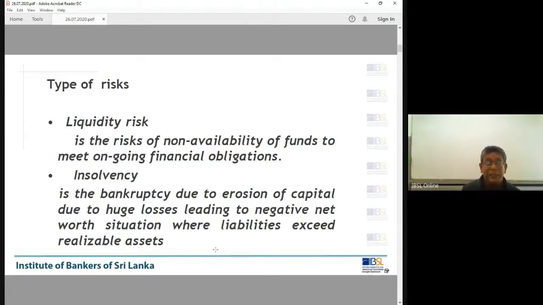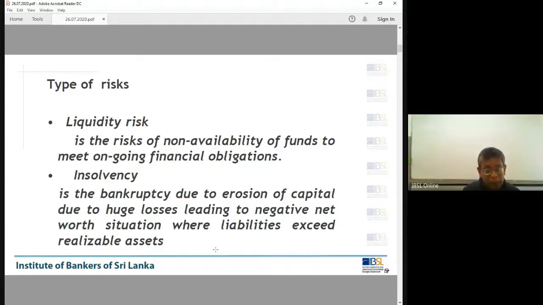That means your bank is facing a liquidity problem, right? So liquidity risk is the risk of non-availability of funds to meet ongoing financial obligations.